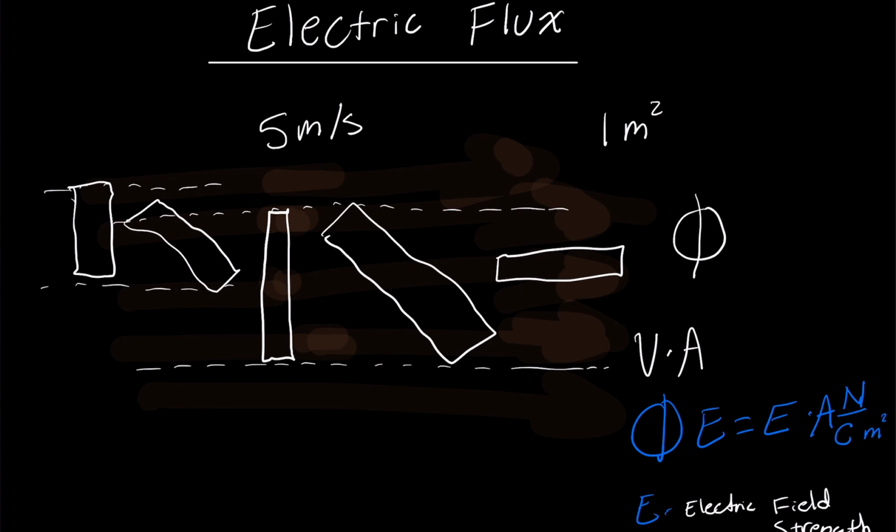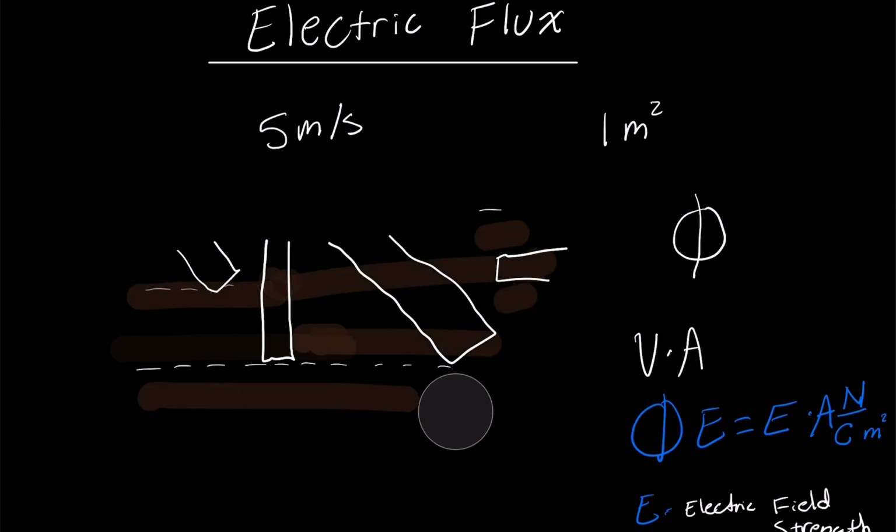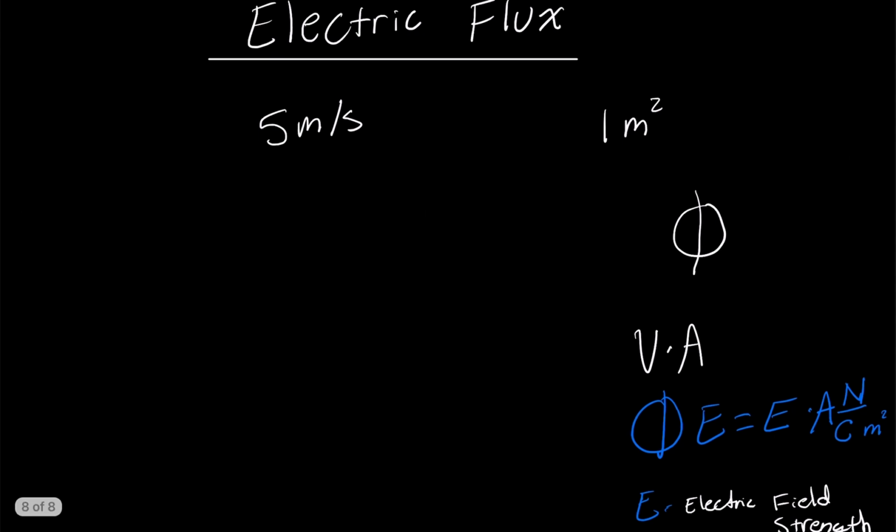Like, let me go ahead and erase this. Okay, imagine we have our filter right here. Okay, I'm actually gonna draw it just a little bit bigger. Imagine we have our filter right there, okay?